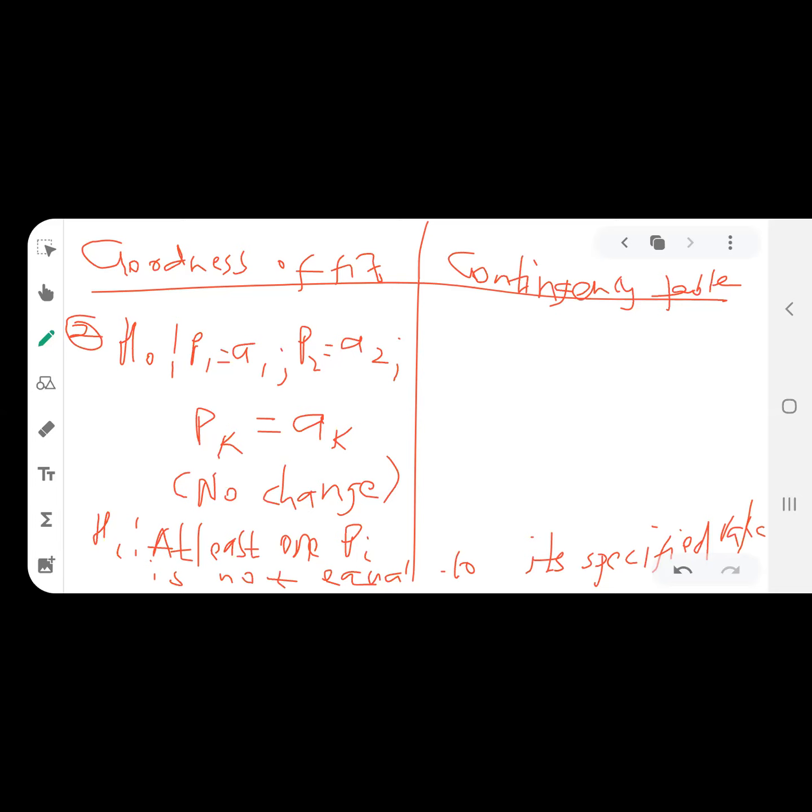So because you have a space, after writing at least one Pi is not equal to its specified value, you will write in brackets there is a change or there is a difference. Are we together?